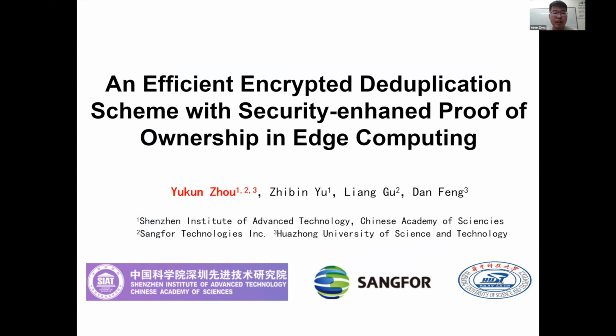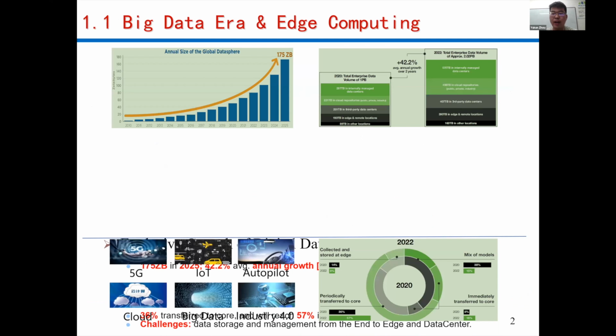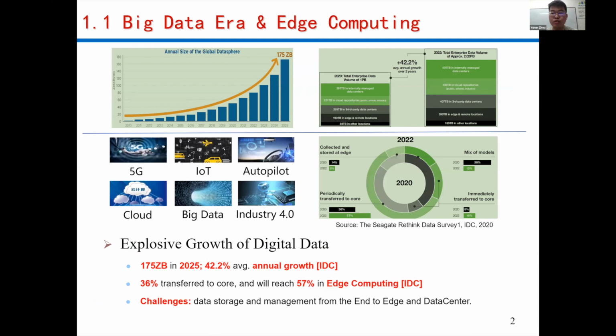In the big data era, IDC predicted that the digital universe will reach 175 ZB in 2025. Edge computing has become a very important thing.